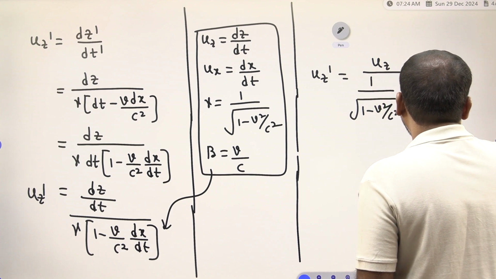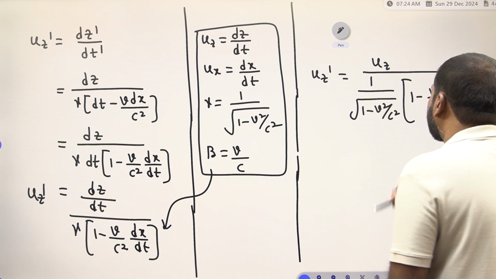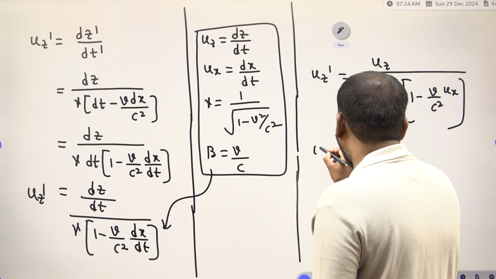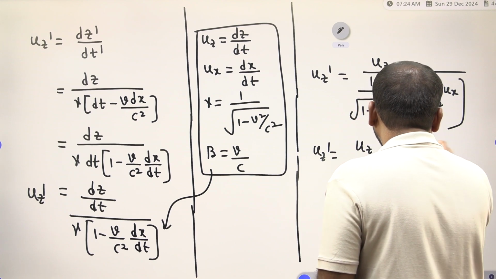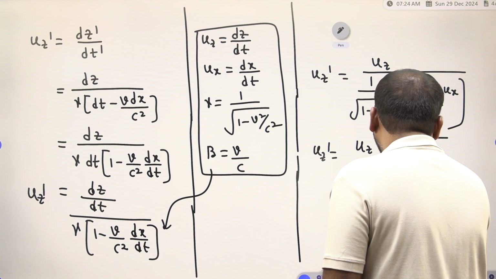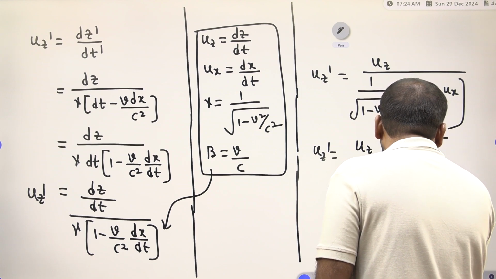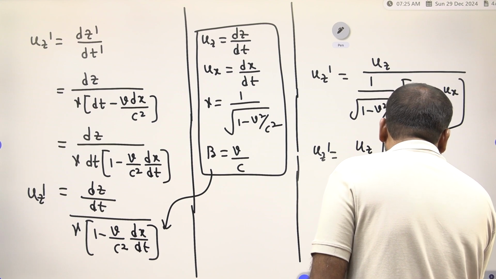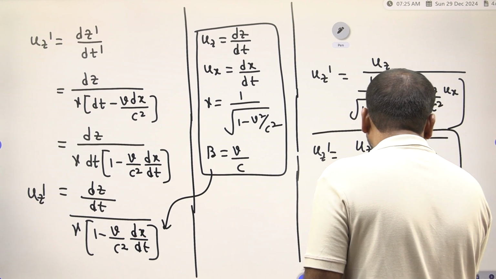Rearranging, uz dash is equal to uz into square root of 1 minus v square by c square, divided by 1 minus ux into v by c square. This is equation number 3.